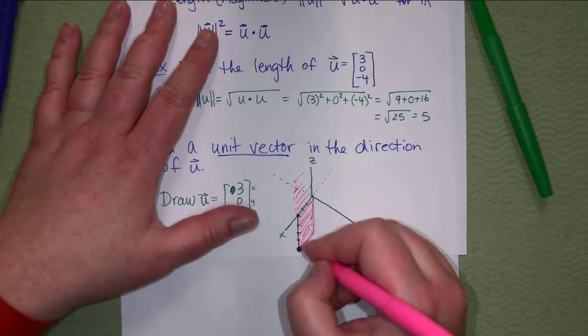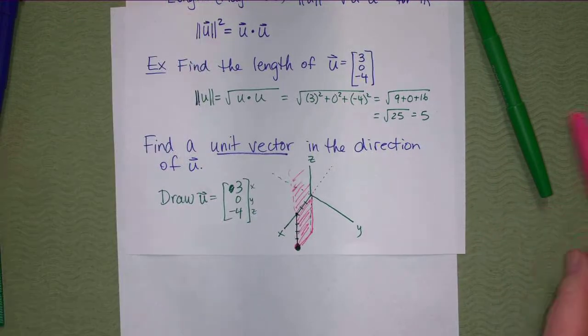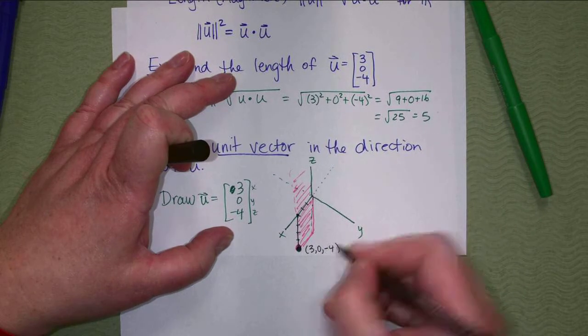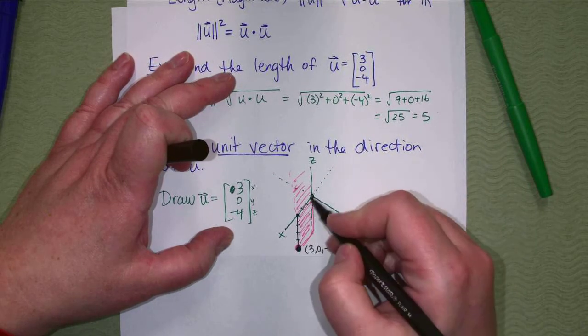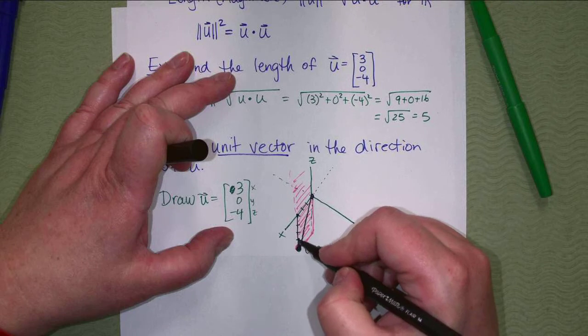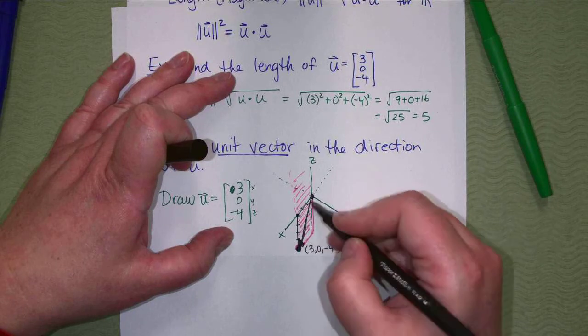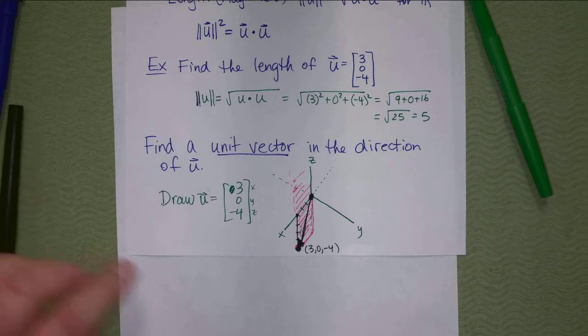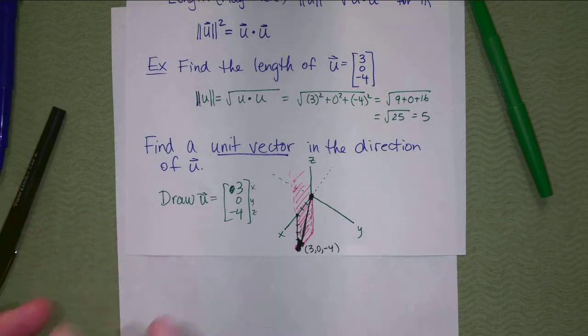And that bottom corner is where we stop. So this is the point 3, 0, negative 4. And if we put it in standard position, then it's right along that sheet of paper and ends right here. Okay, so that little plane. I'll show you one that doesn't have a 0 in a few minutes.